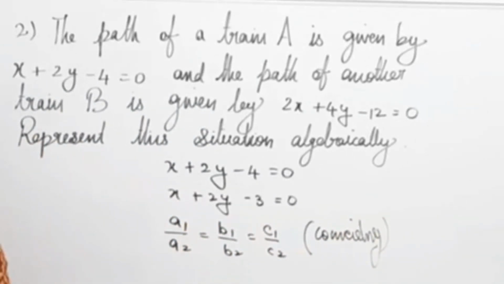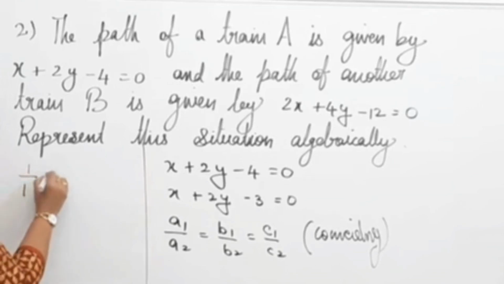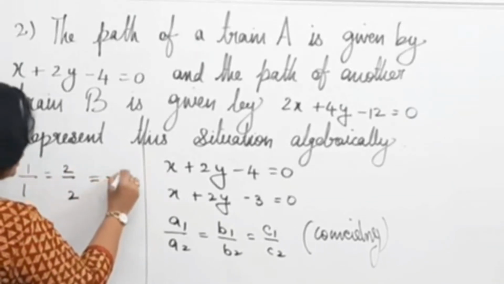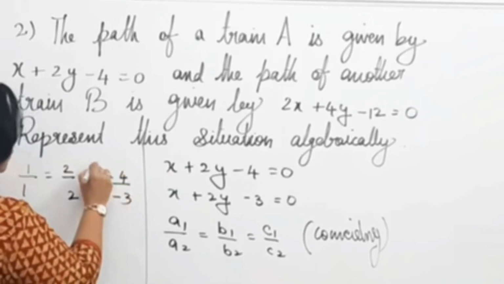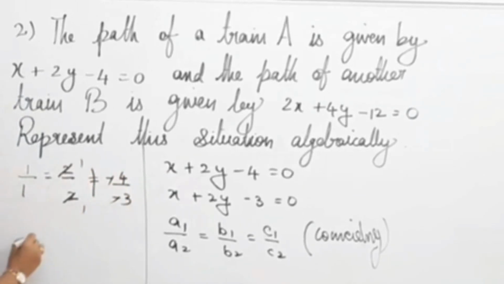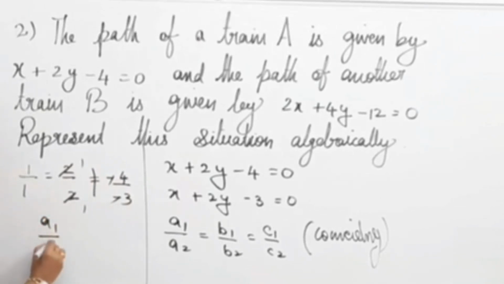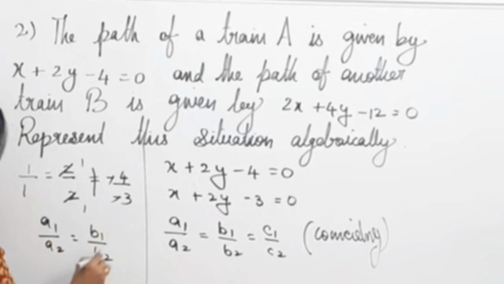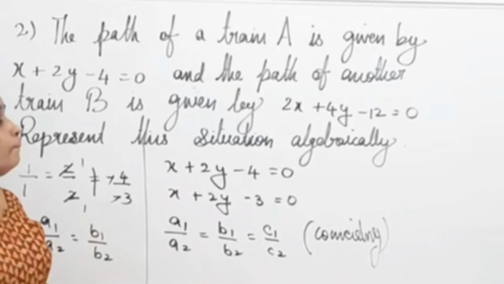Let me check my equation conditions here. That means 1 by 1 is equal to 2 by 2, which is not equal to minus 4 by minus 3. The minus minus gets cancelled. But this becomes 1. So a1 by a2 is equal to b1 by b2. It implies it is the pair of linear equations which are parallel.